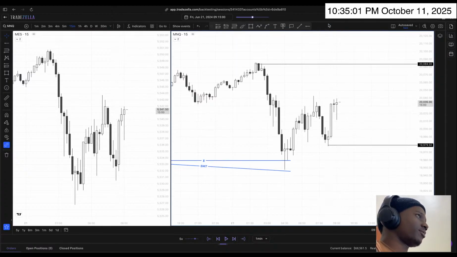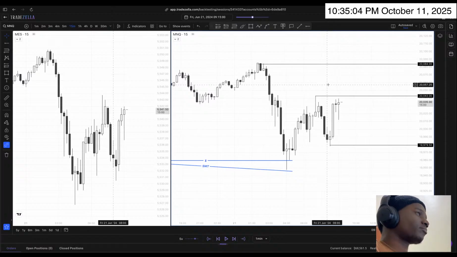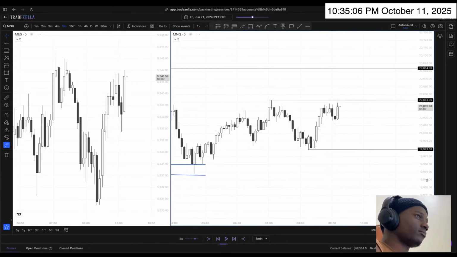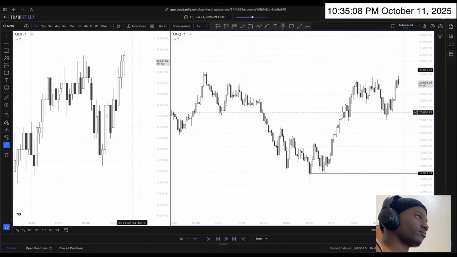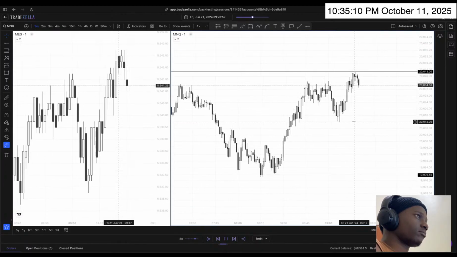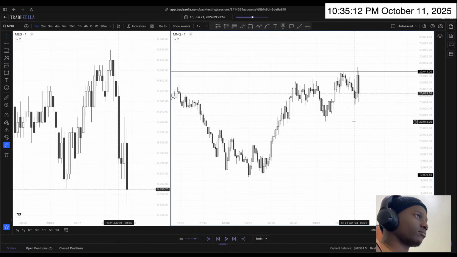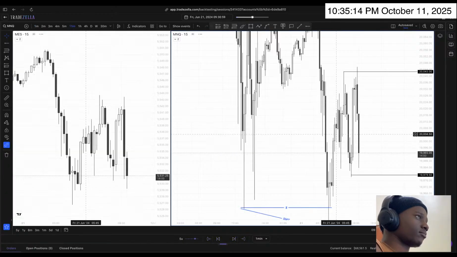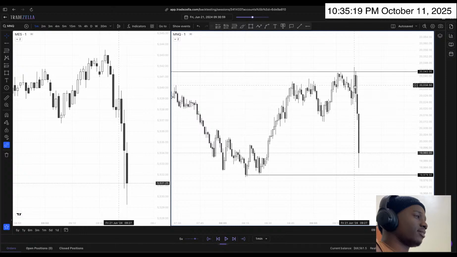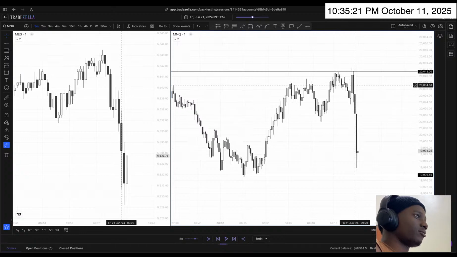We're now in a 15-minute gap. The 15, you can see this high gets run there, and then market drops like right at the open.